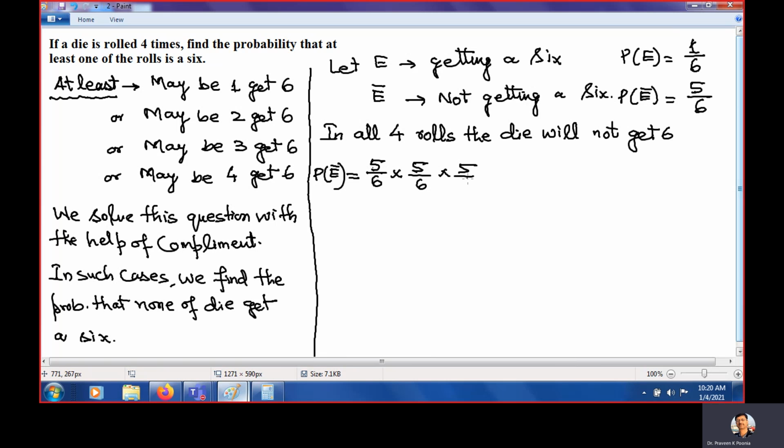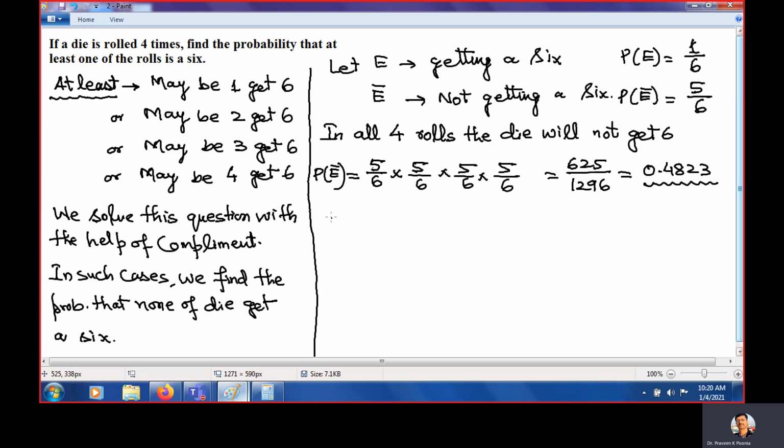That is 5 times 5 times 5 times 5, which is 625, over 6 times 6 times 6 times 6, which is 1296. If you change it into decimal, it will be 0.4823. So this is the probability that it will not get a 6.